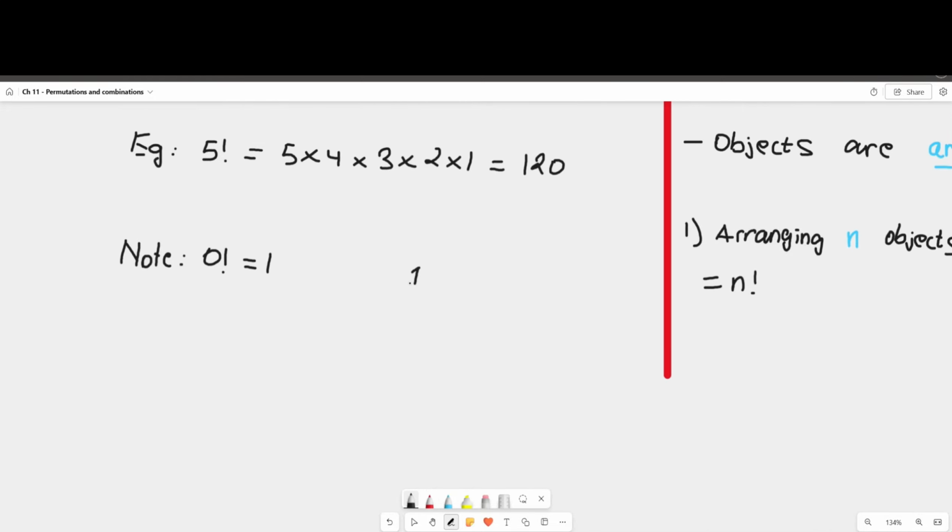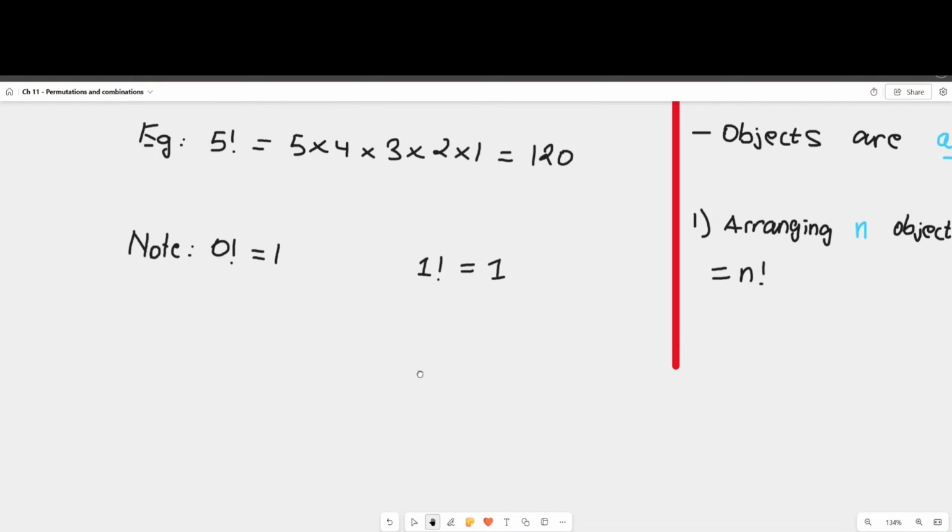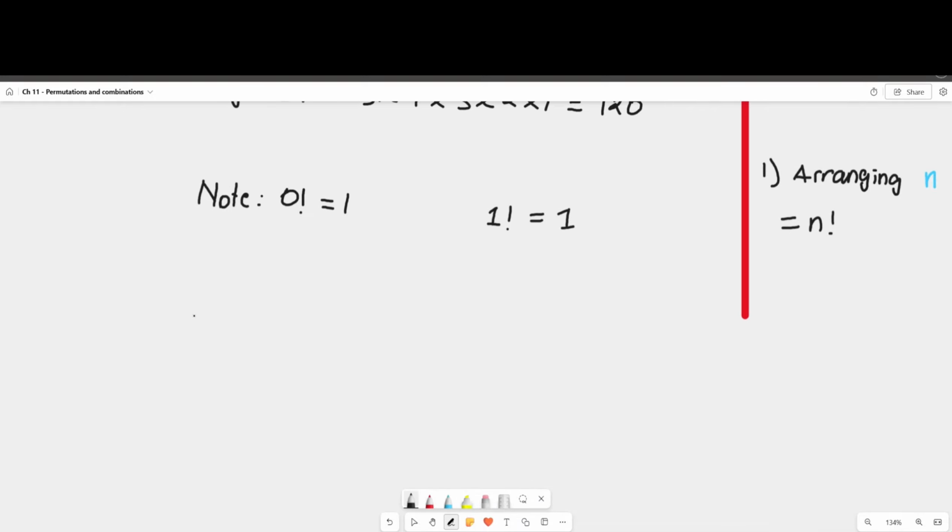So we take that 1 factorial is equal to 1 from our definition above. We say n factorial is equal to n times n minus 1, n minus 2, and so on till 1.